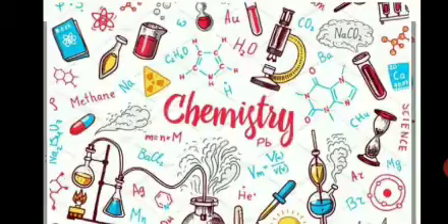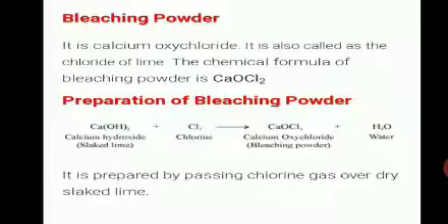So one is the agent which removes color, the other one is which kills germs. Keep it in your mind about bleaching agent. Now we are going to study about bleaching powder. What is bleaching powder? Bleaching powder is calcium oxychloride, or it is also known as chloride of lime.